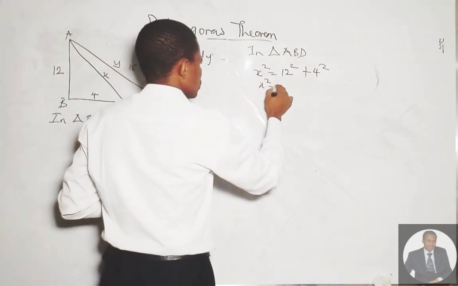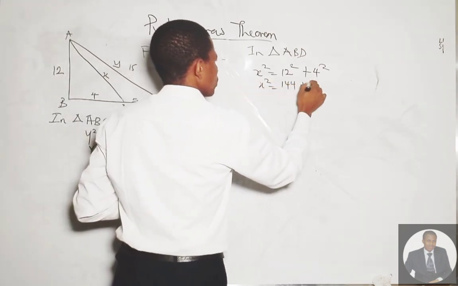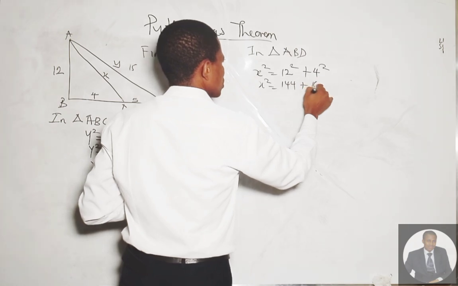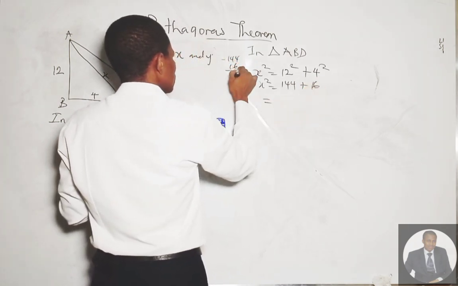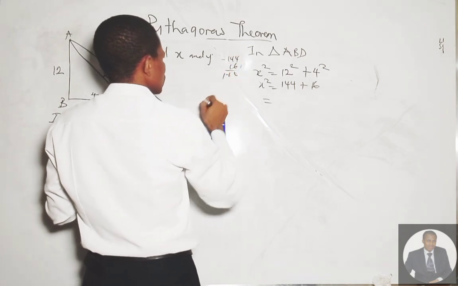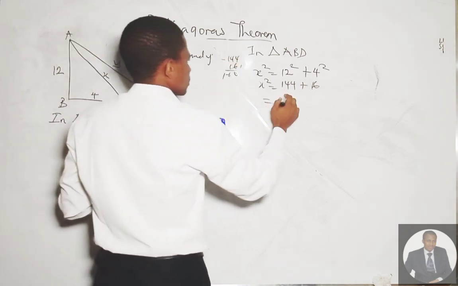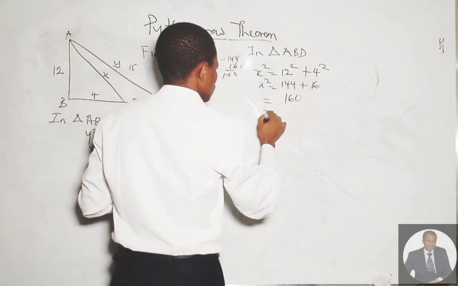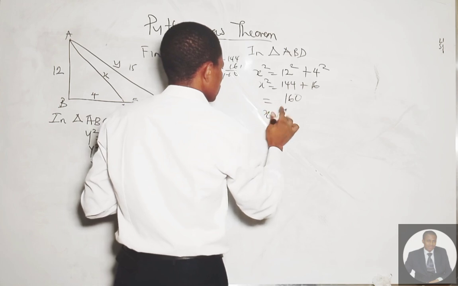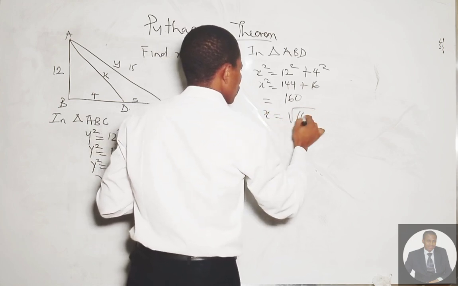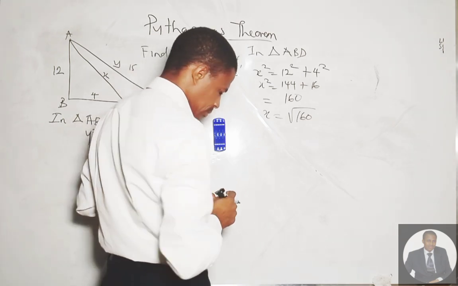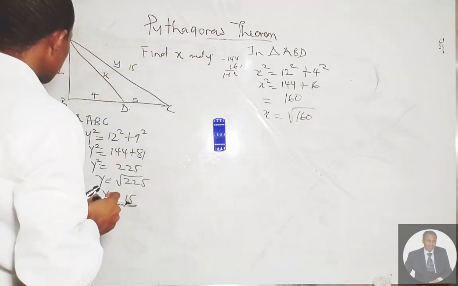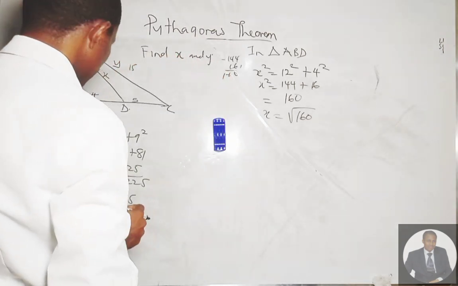So this will give us 144 plus 16, which is 160. So x will be the square root of 160. Am I making a mistake?